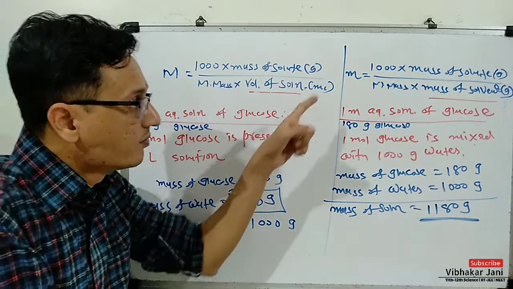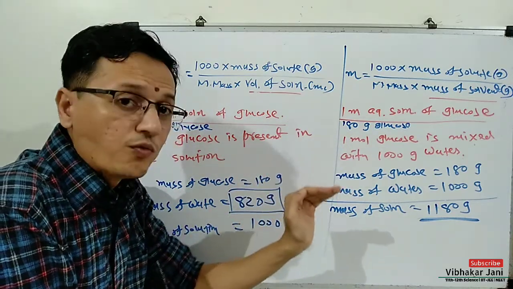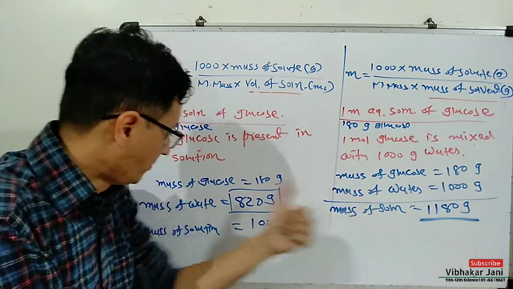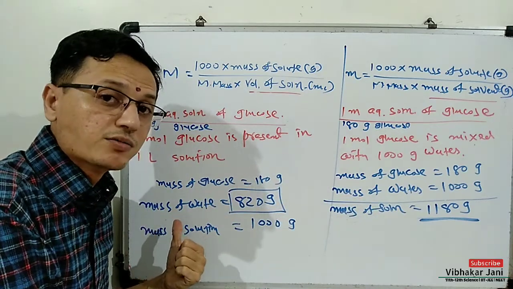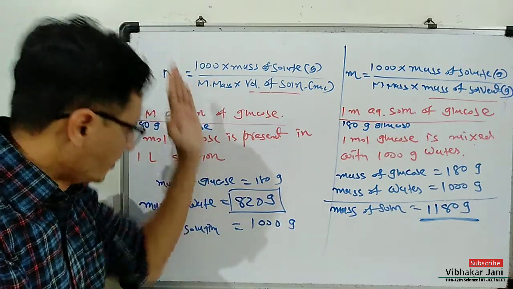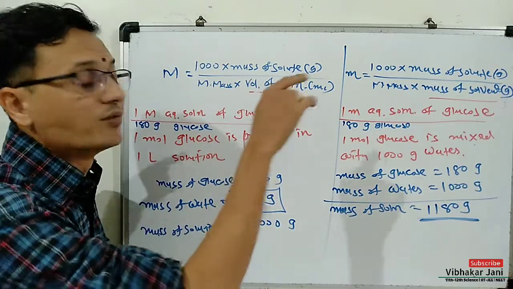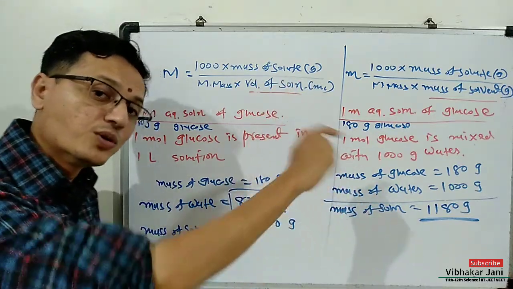So in 1 molal aqueous solution of glucose, there is more water present compared to 1 molar aqueous solution. So the answer is clear: 1 molar aqueous solution is sweeter than 1 molal aqueous solution of glucose.